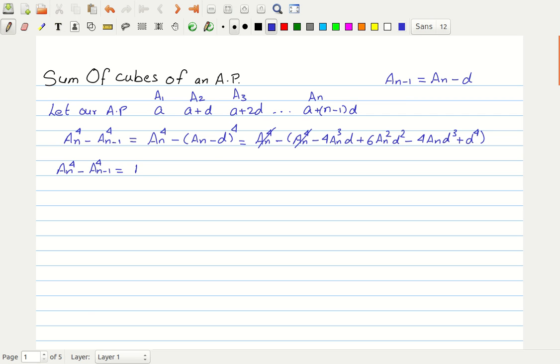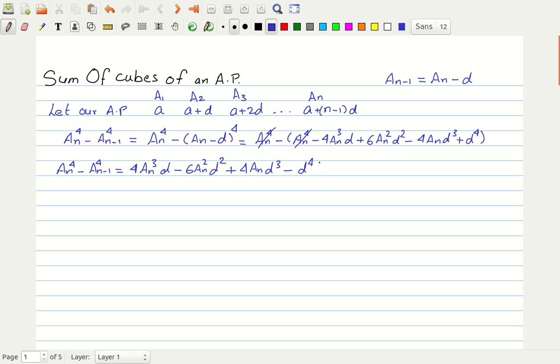So this will be equal to 4a n cube d minus 6 a n square d square plus 4 a n d cube minus d to the power 4, right?